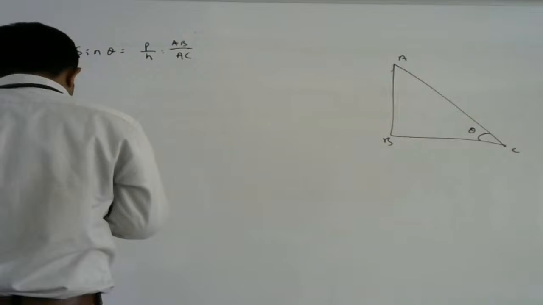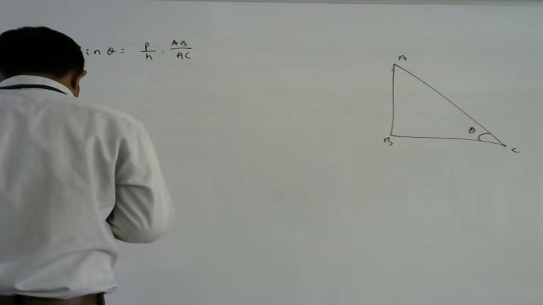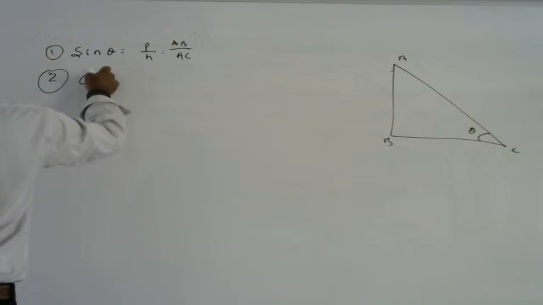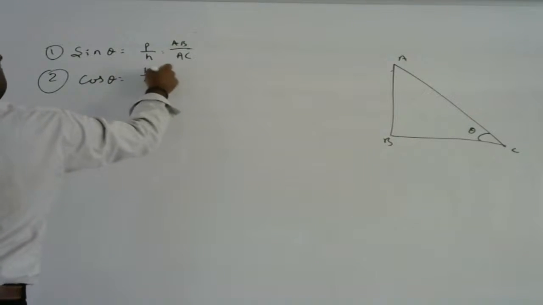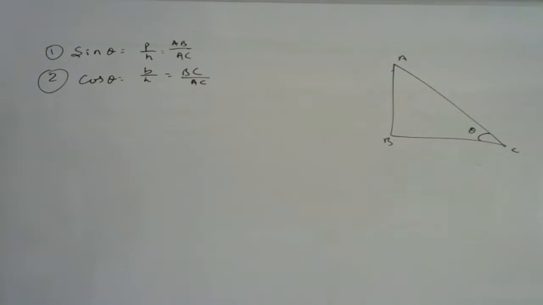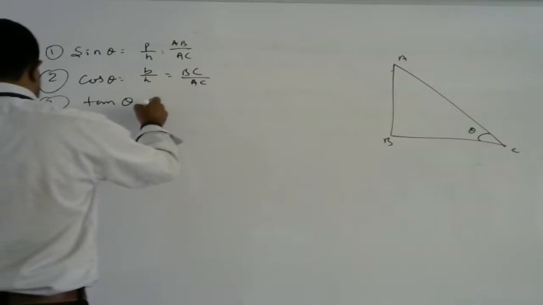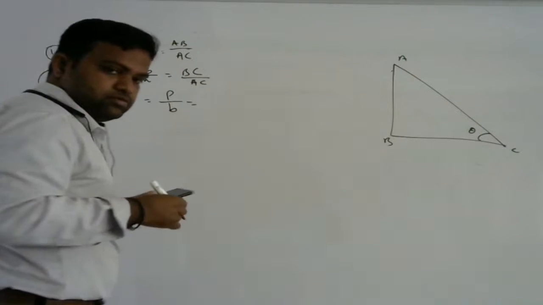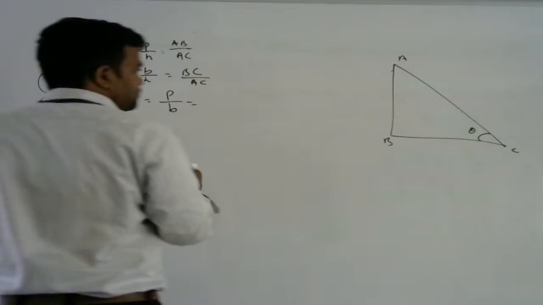Cos theta equal to b by h, and here it is BC by AC. Tan theta equal to p by b.